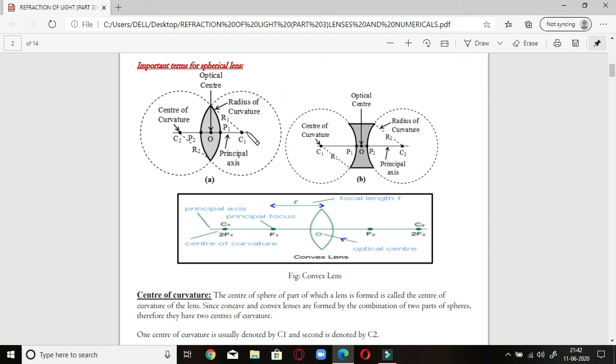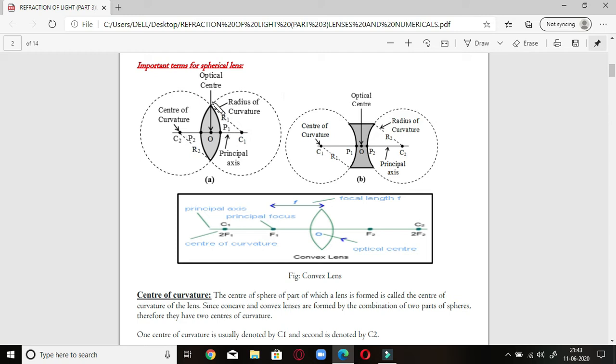So what lies on the principal axis is the center of curvature of one sphere, the center of curvature of the second sphere, the optical center, and then the radius of curvature, right? These are the terms related to the principal axis. If you see here, there are two centers of curvature, as compared to the spherical mirror, which had only one center of curvature, but lenses have two centers of curvature.